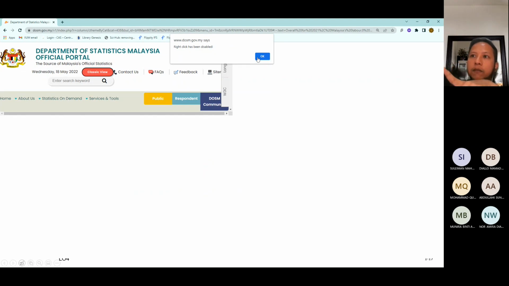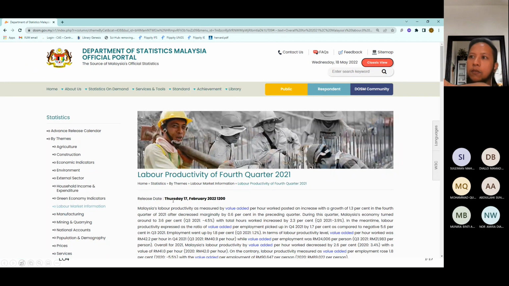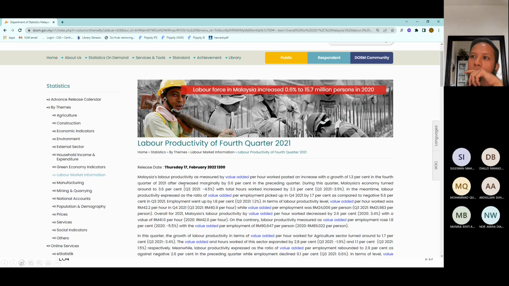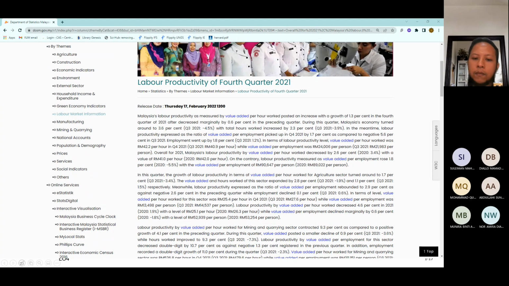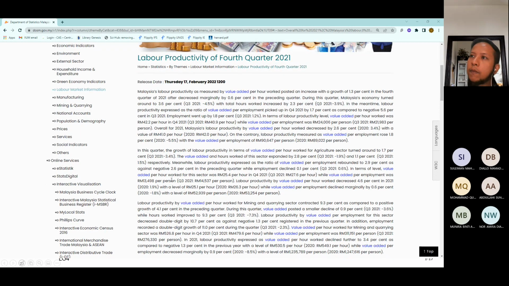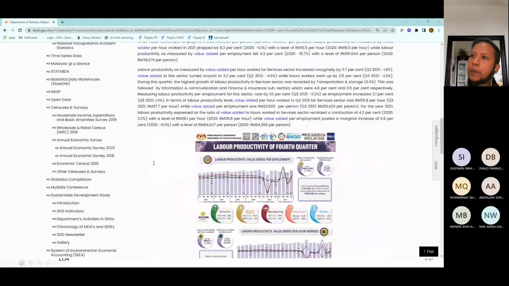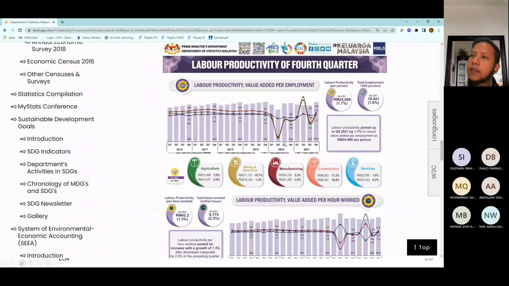it is calculated by the Department of Statistics. They have the labor productivity. They calculate in different sectors as well.